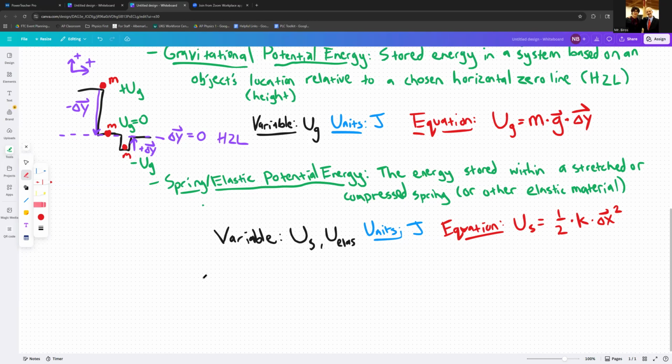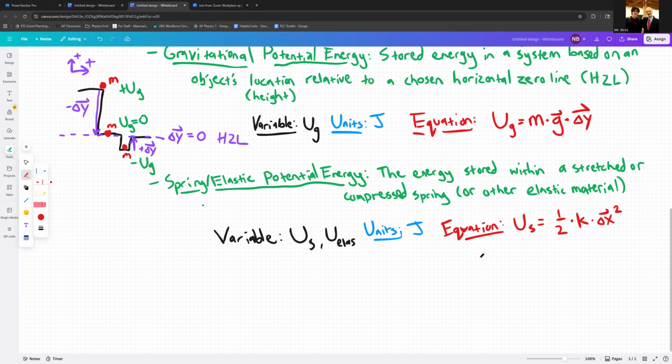And going back to the idea of positive and negative energy up here, what that means is your spring, when you stretch or compress it, always has the potential to exert a force and cause change. Unlike the object sitting in the pit below ground level, where there's not only no potential for gravity to move it to the horizontal zero line, you'd actually have to get something else to put energy into this and move it to the HZL.